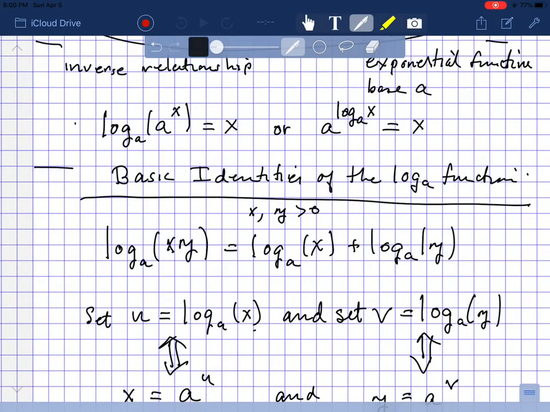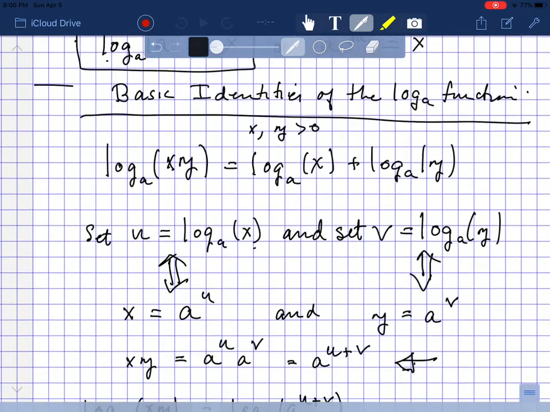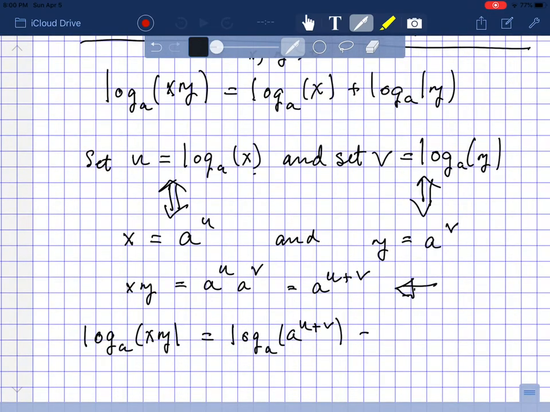But what do we know? We have this basic identity here, that the log base a of a to the x is equal to x. So let's use that down here. So here I have the log base a of a to the u plus v power. Well, that's got to be equal to u plus v.